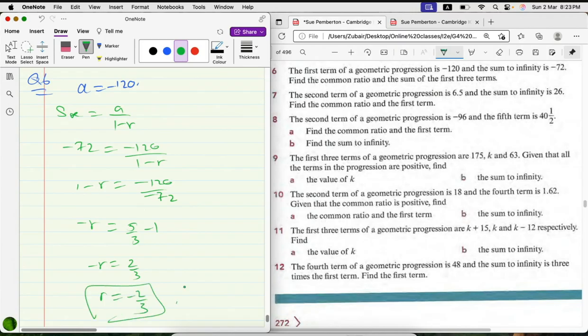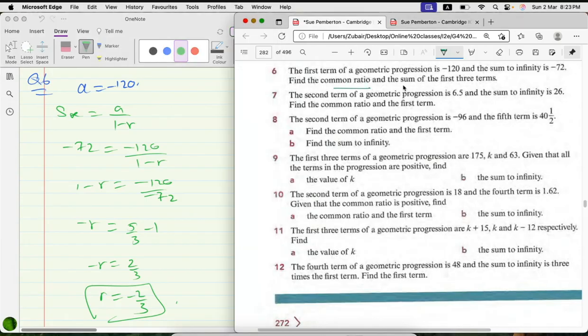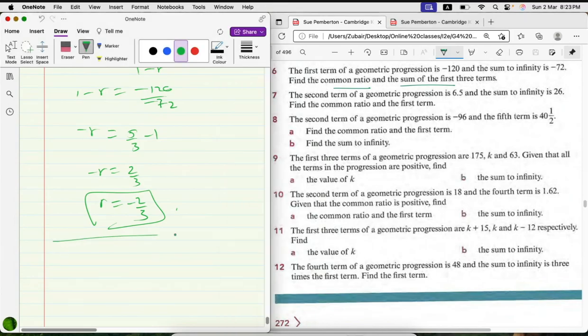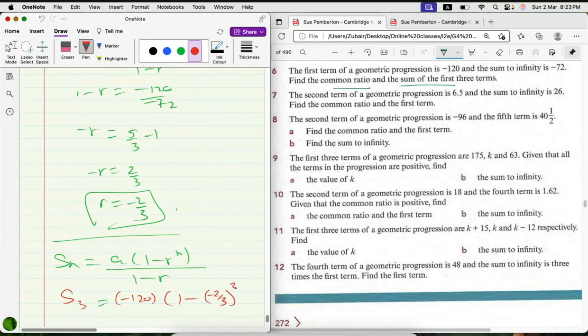First part done. Second says the sum of the first three terms. So Sn is equal to a into 1 minus r raised to power n over 1 minus r. For the sum of the first three terms, a is minus 120 into 1 minus r, which is minus 2 by 3, raised to power 3, over 1 minus minus 2 by 3.